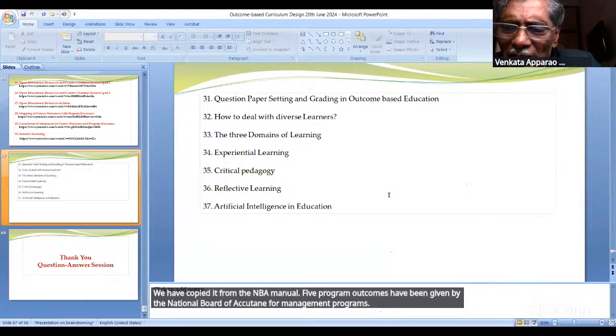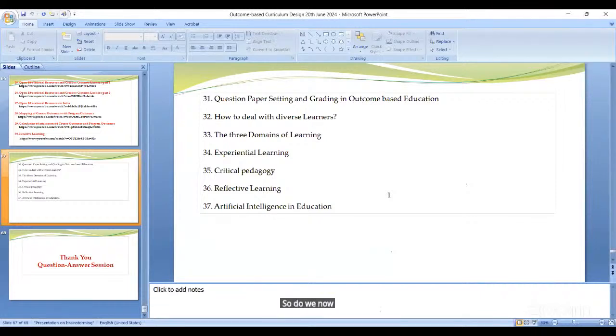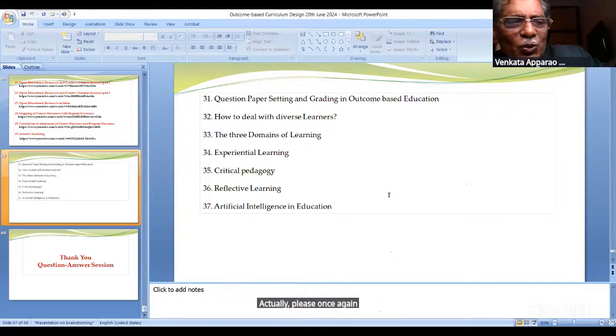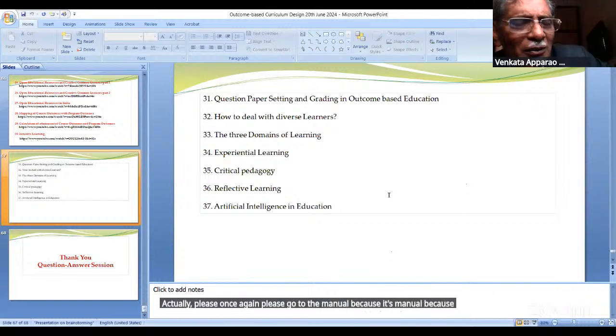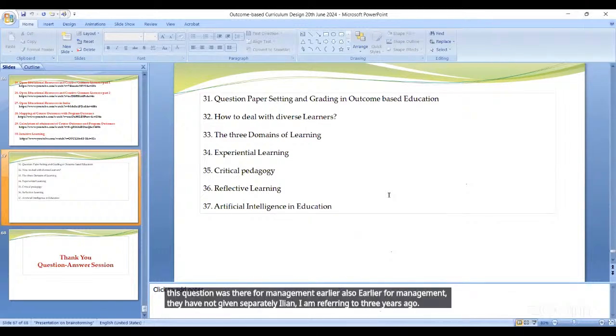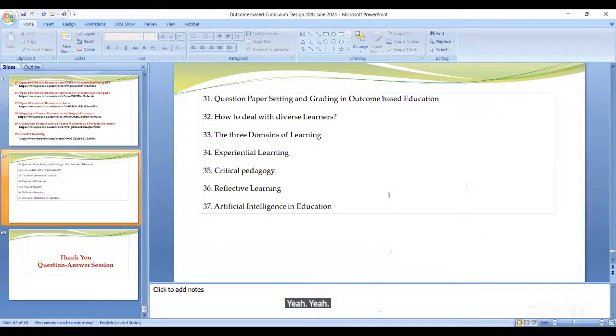Okay. So do we now need to revise it, as you said, according to 10 graduate attributes and make it 10? Actually, please, once again, please go to the manual, because this question was there for management earlier also. Earlier, for management, they have not given separately. Earlier, I am referring to 3 years ago, when I was discussing with Central University of Karnataka.